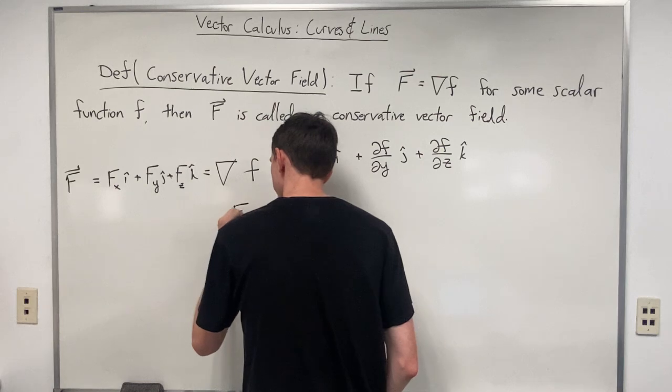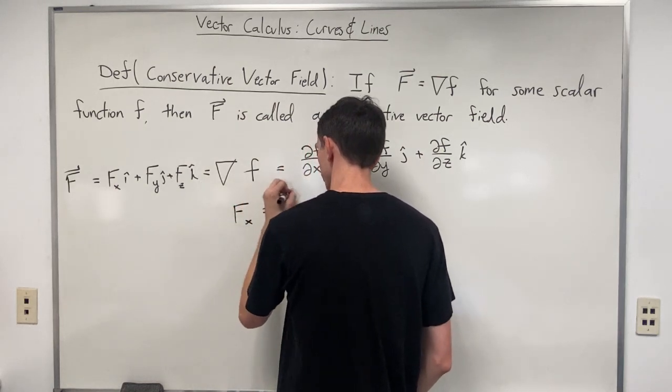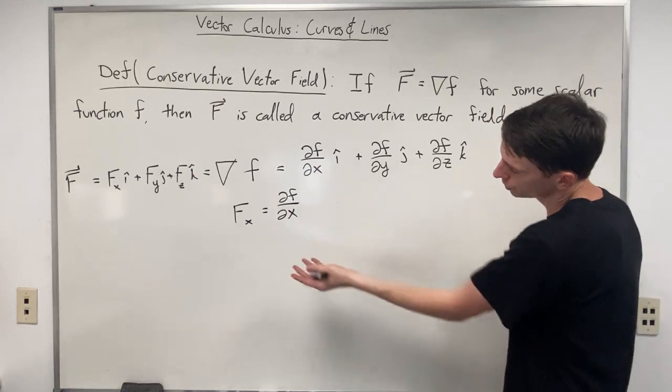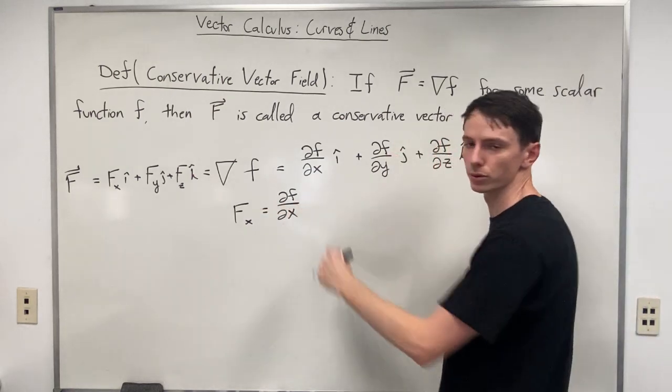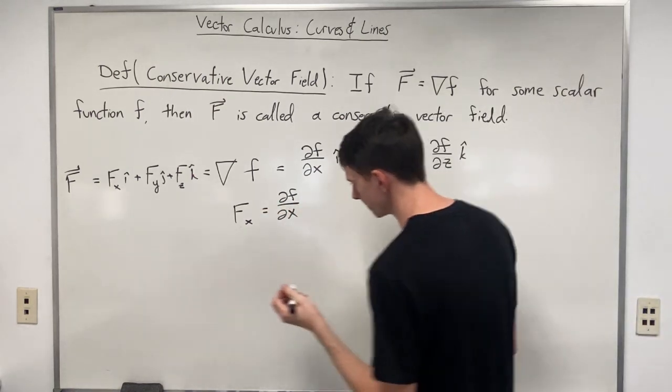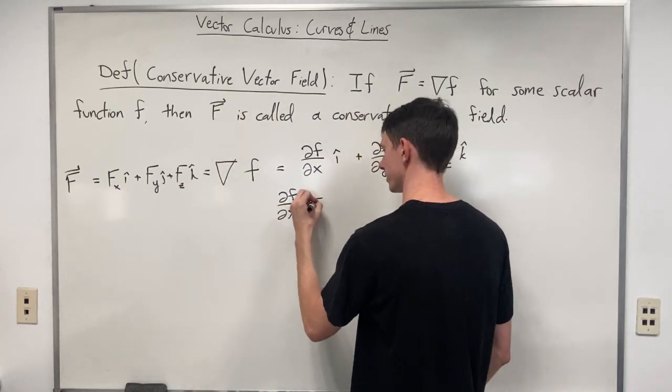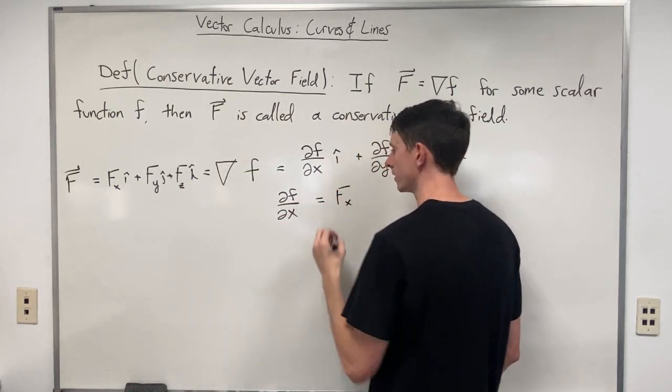So you would say that F of x equals partial f partial x, like this. And then what you could do is integrate both sides with respect to x, right? Let me put this on the other side.